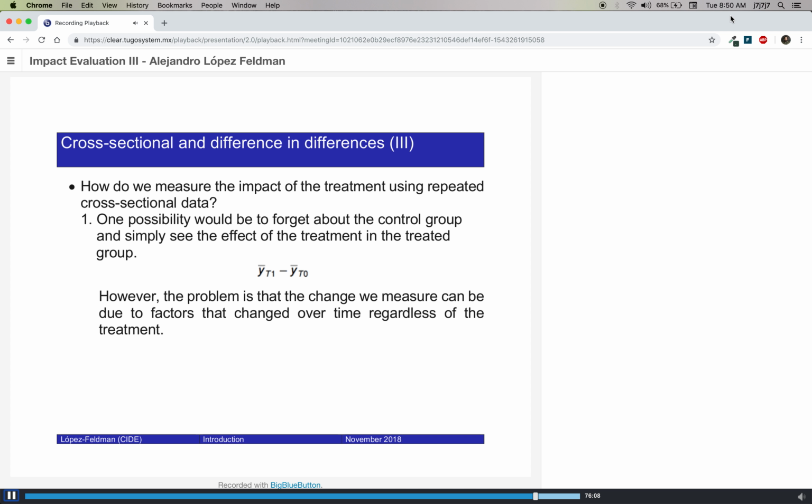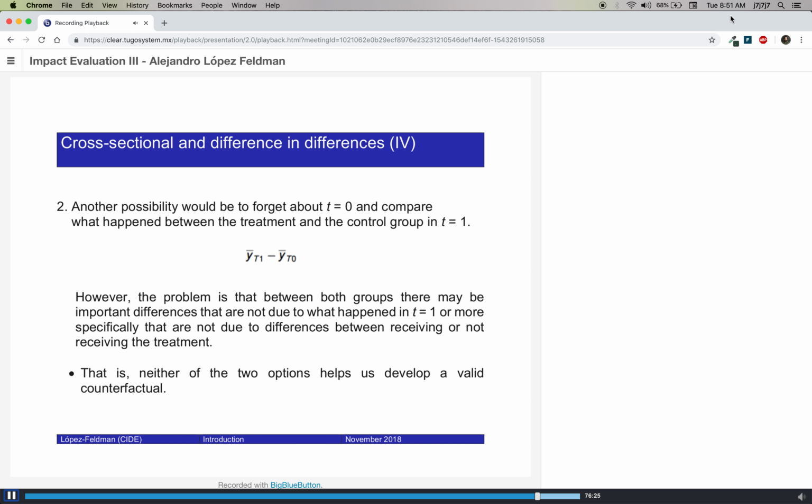So if I have a before and after comparison, I cannot say that this was the effect of the program. Everything that changed between years 0 and 1 can explain why. And of course, this is not going to be satisfactory. So maybe one can say that time is creating more problems. So we're going to compare the treatment group and the control group. We are going to compare these two averages.